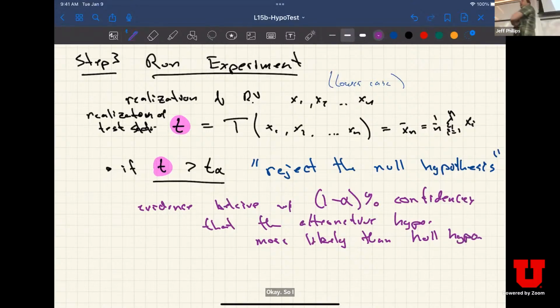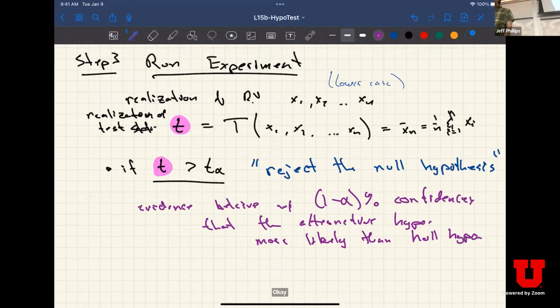It doesn't mean the null hypothesis is definitely not true, but it means that, with 1 minus alpha percent confidence, or 95% confidence, I believe the data says the alternative hypothesis is more likely than the null hypothesis. Remember, because we didn't fully specify it, it is some alternative hypothesis that is more likely than the null hypothesis.